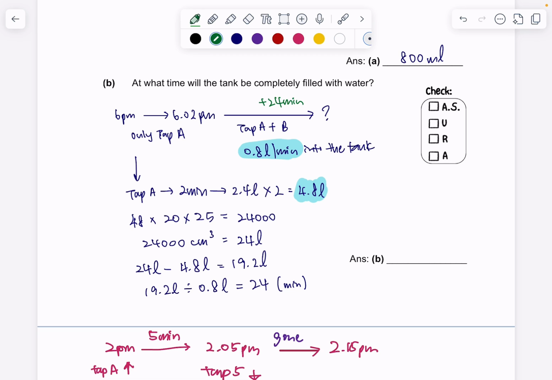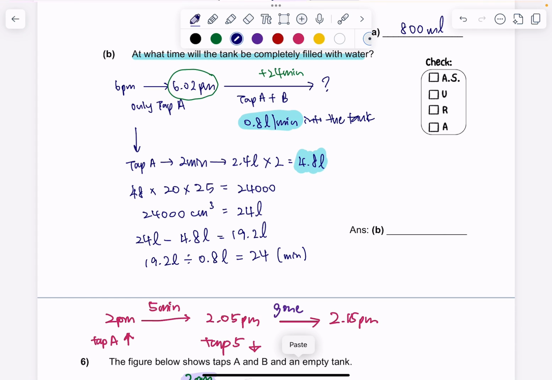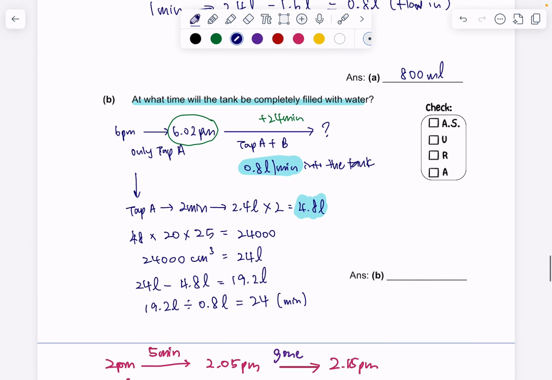And that should start from 6:02 p.m. So to find the final time, the time at which the tank is completely filled with water, we actually need to take 6:02 p.m. plus 24 minutes, and we actually get 6:26 p.m. So that is the answer. This is the time when the tank will be completely filled with water.